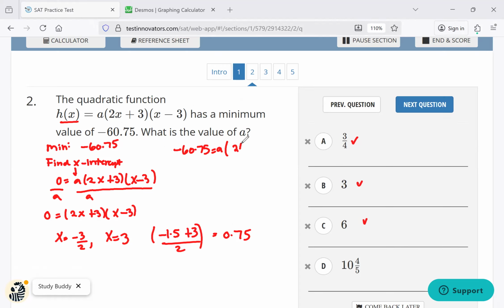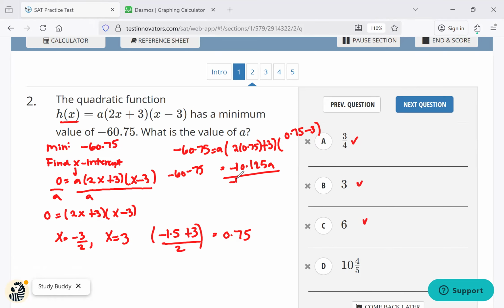So it's going to be 2 times 0.75 plus 3 times 0.75 minus 3, right? And when you do the work, you're going to get negative 10.125a equals negative 60.75.